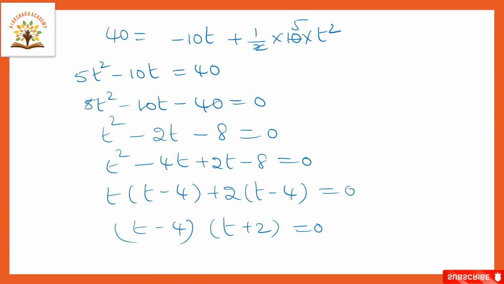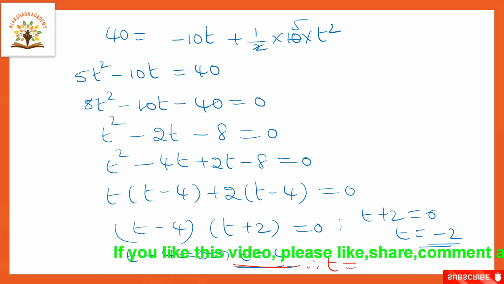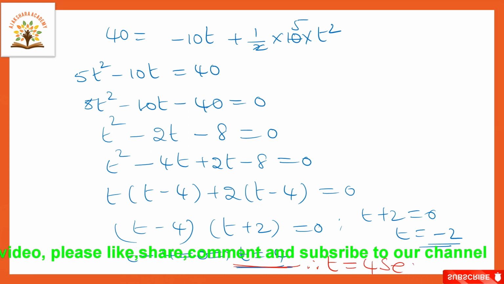So from this, either t minus 4 is equal to 0 or t plus 2 is equal to 0. If t minus 4 is equal to 0, we are getting t is equal to 4. If t plus 2 is equal to 0, we are getting t is equal to minus 2. So the answer is t is equal to 4 seconds. Therefore, t is equal to 4 seconds.